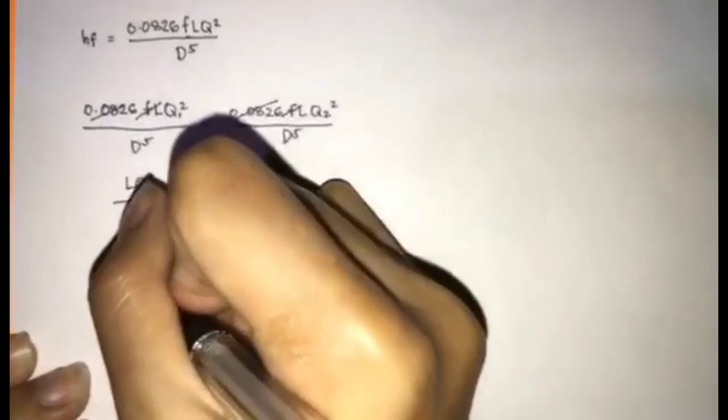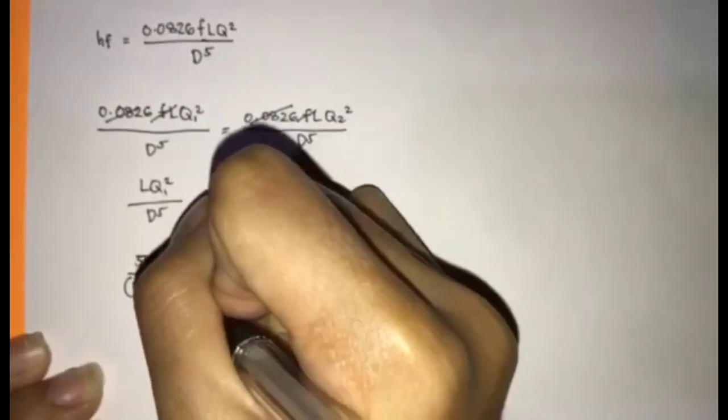So plug in the value of pipe 1. We have a length of 500 meters over the diameter, which is 0.35 raised to 5, Q1 square, is equals to the value of pipe 2, which is 600 meters over the diameter, which is 0.3 raised to 5, Q sub 2 square.